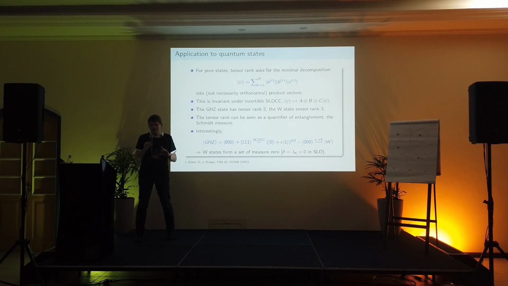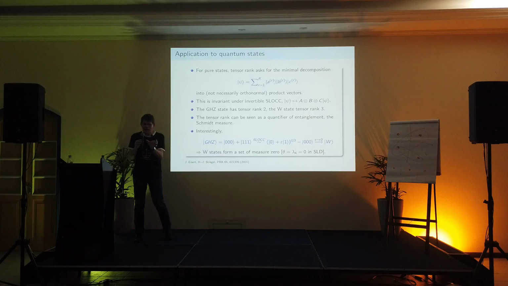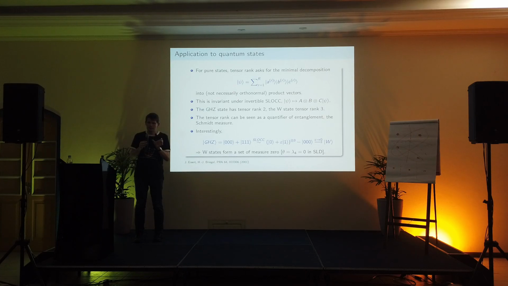But the point is that having maximally mixed marginals is only a sign of entanglement for pure states. For mixed states, you can always have a maximally mixed state with maximally mixed marginals, but of course the state has no entanglement at all. That's why I have to put this constraint of being pure, then it only makes sense.